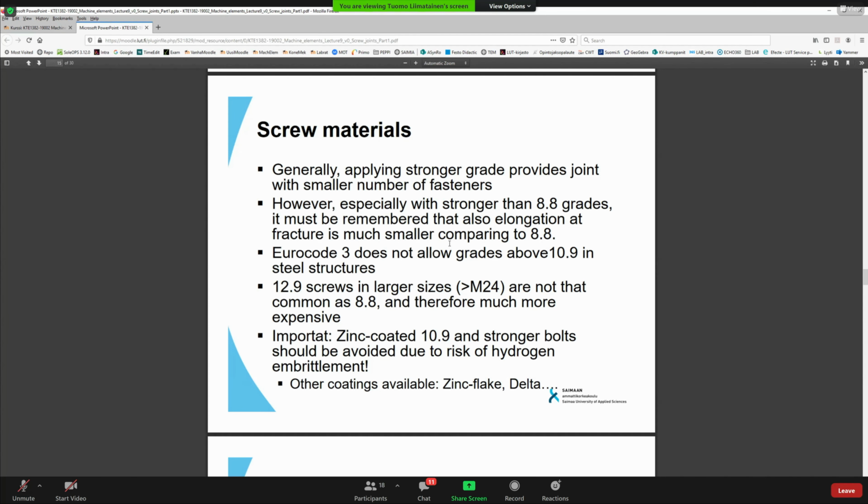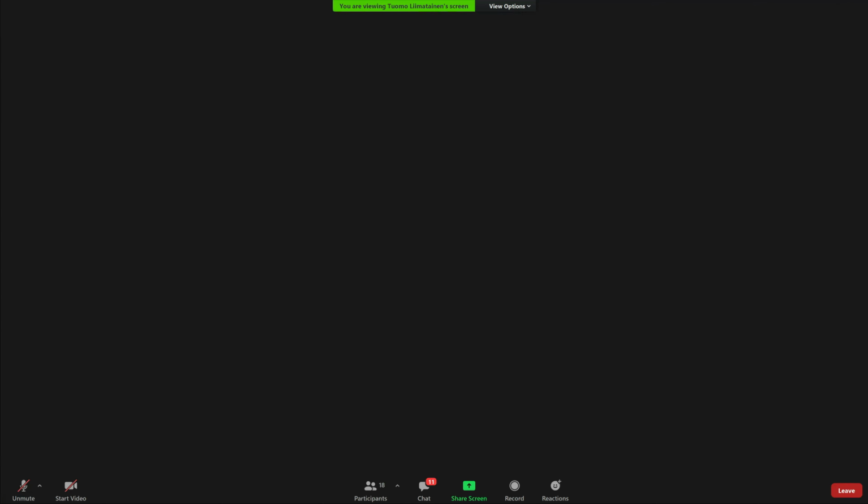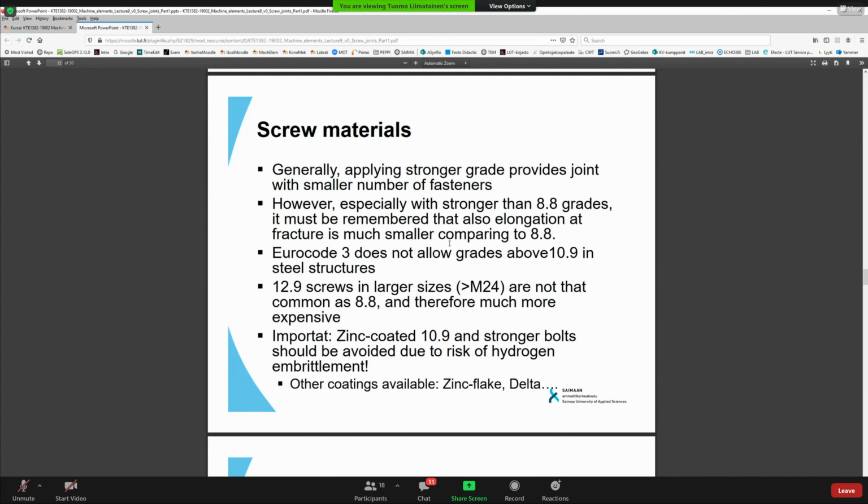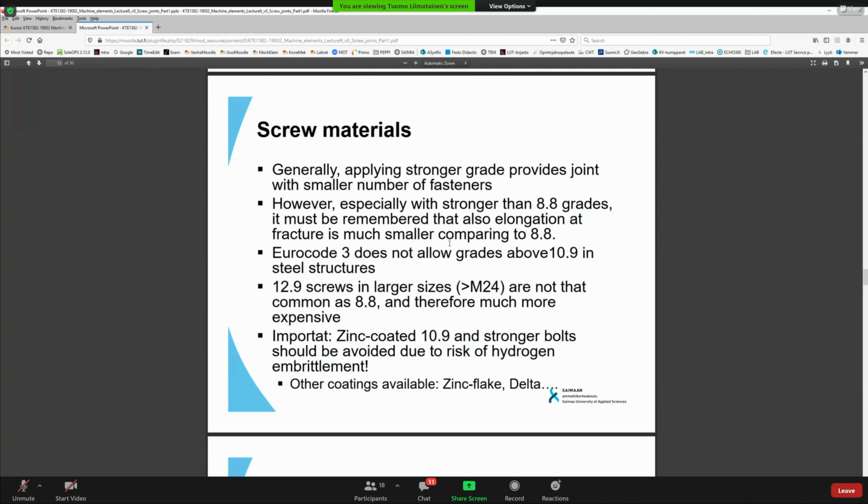But M24 in 12.9 could be quite pricey. So from an economical point of view, it might be more beneficial to use a larger number of 8.8 bolts than a small number of 12.9 bolts.